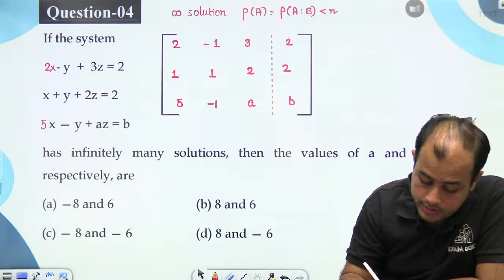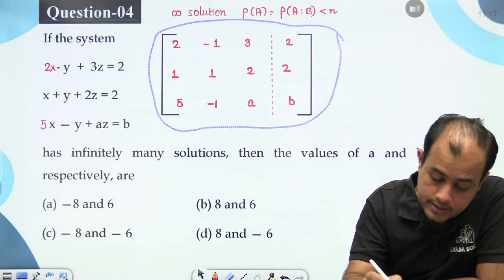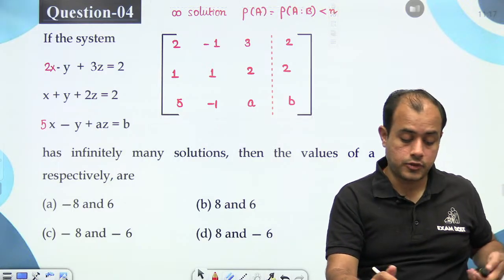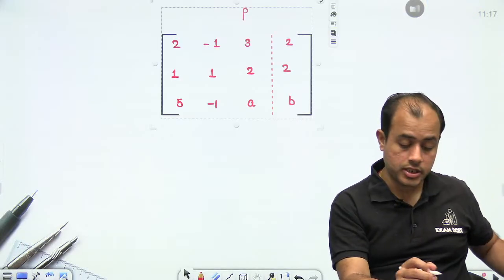What we can do is, we have to apply the row transformation, correct? We have to apply the row transformation. So what is the row transformation that I apply?